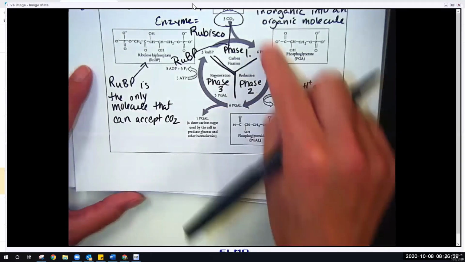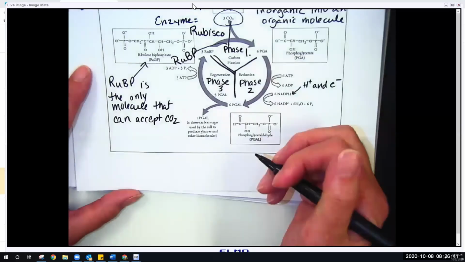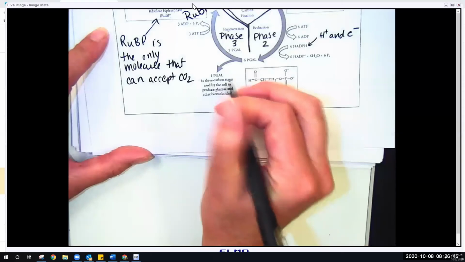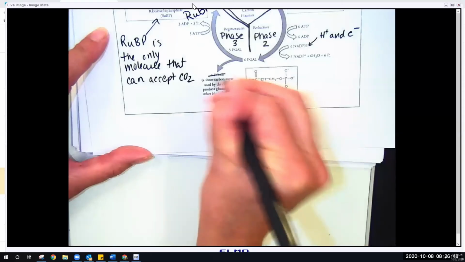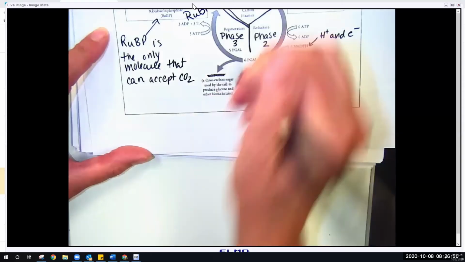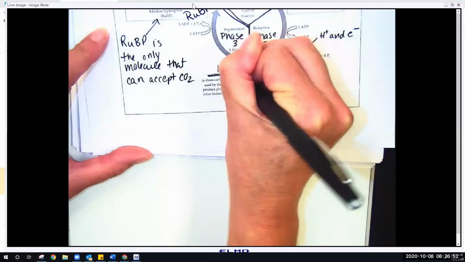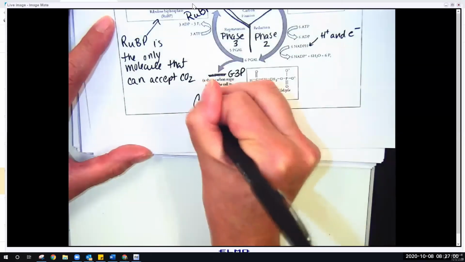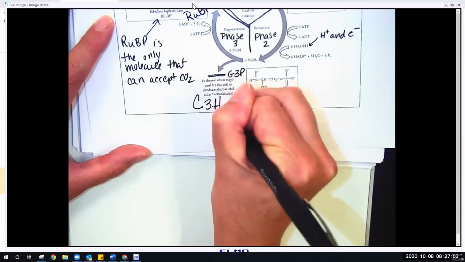At the end of reduction, what we get, and we're not going to call it PGAL because your book calls it G3P, and that's what AP calls it as well. It is the same name for the same molecule. It is just a 3-carbon sugar instead of a 6-carbon sugar.